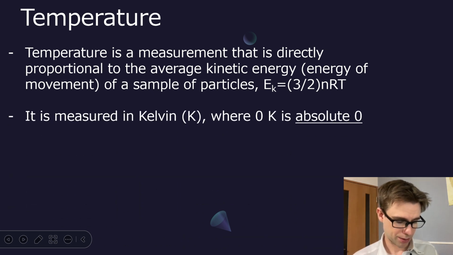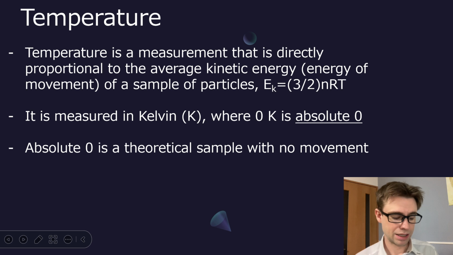Alright, so temperature is officially SI units measured in Kelvin, okay? Where 0 Kelvin is absolute zero, which is a theoretical sample that has no movement of its particles. So you might remember when I introduced matter in the previous video, I said it has volume, it takes up space, it has mass, and it's in perpetual movement.